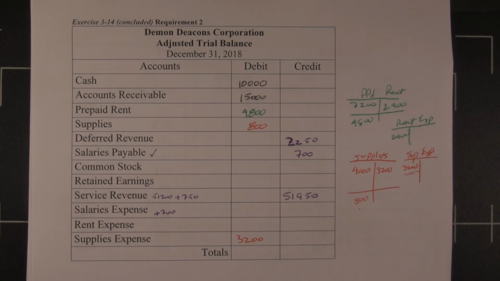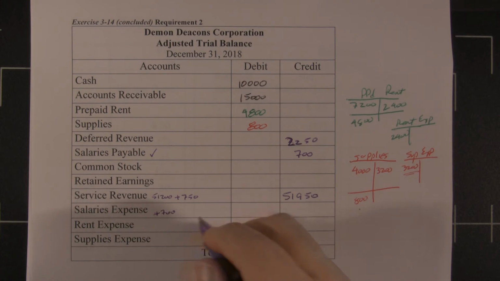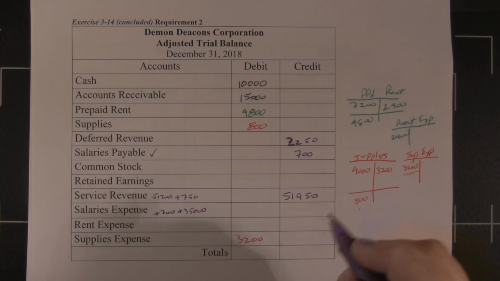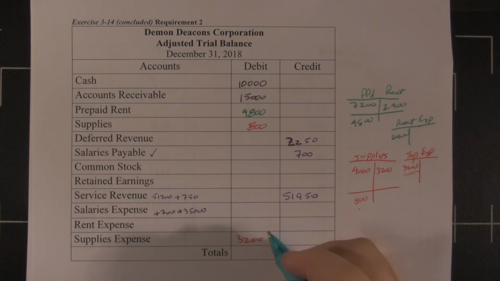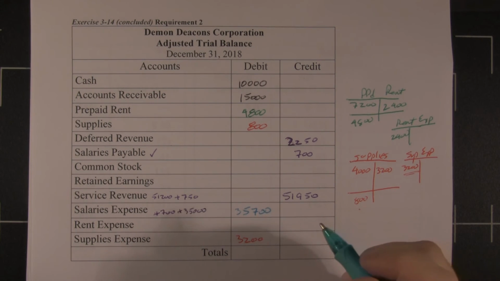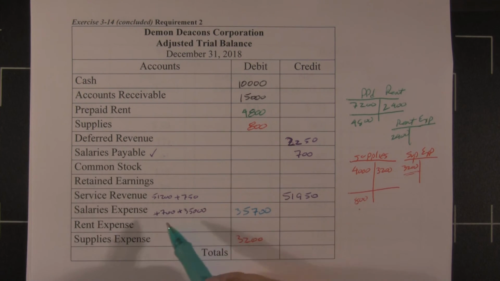Let's just do it now and be done with it. We're told that the salary expense is $35,000, and we'll do that in, let's pick another color, light blue. So that makes that $35,700 for salary expense, because we had to bring in the salaries payable to increase the salary expense.